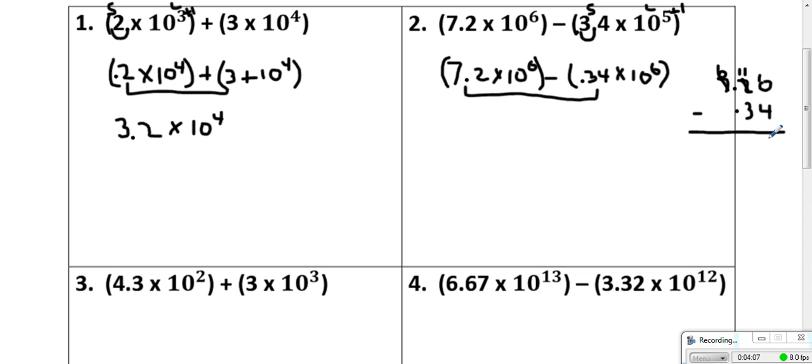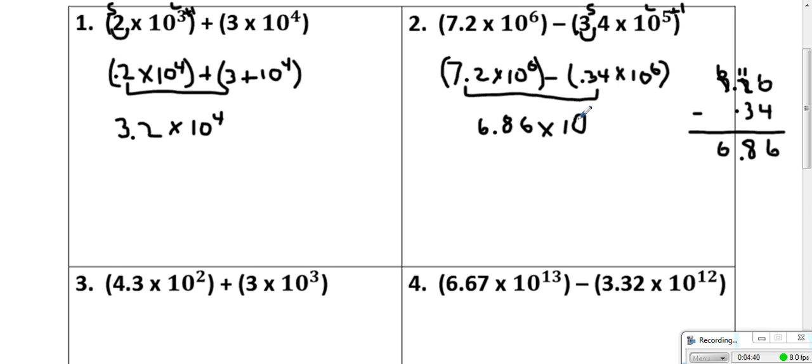This is without a calculator. 10 minus 4 is 6. 11 minus 3 is 8. Bring the decimal down because it's all lined up. This was 7. Now it became a 6. So it is 6.86. So you have 6.86 times 10 to the sixth power.